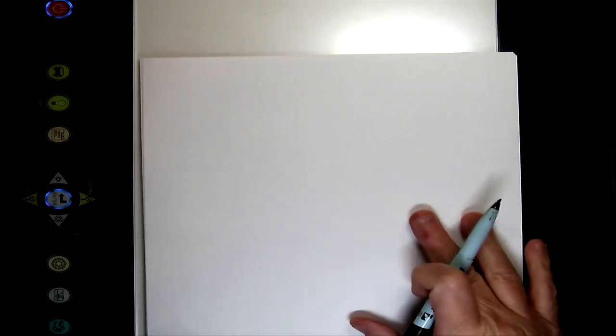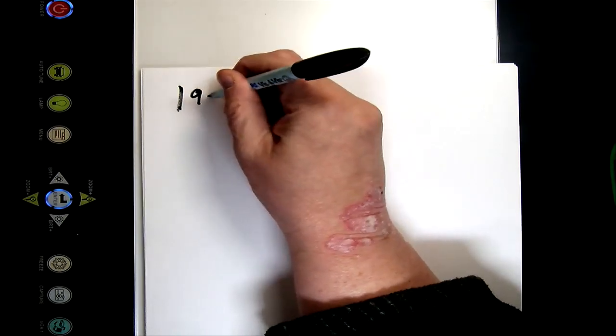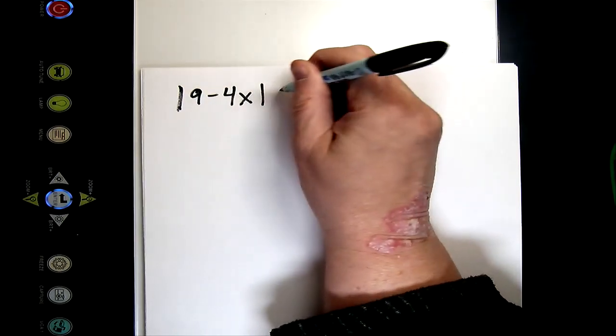Let's take a look at some examples. The absolute value of 9 minus 4x equals 7.